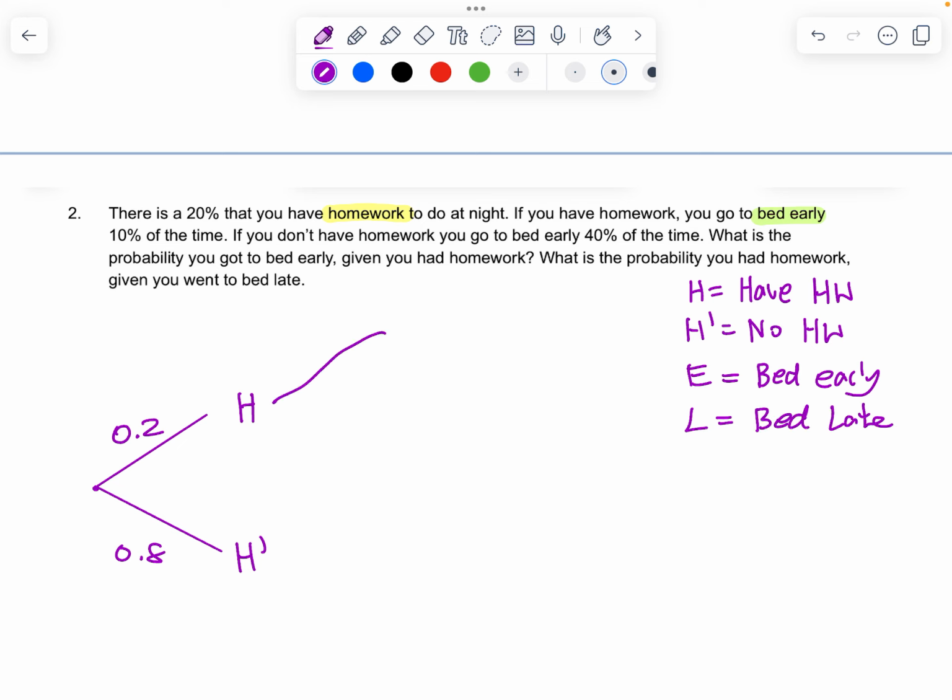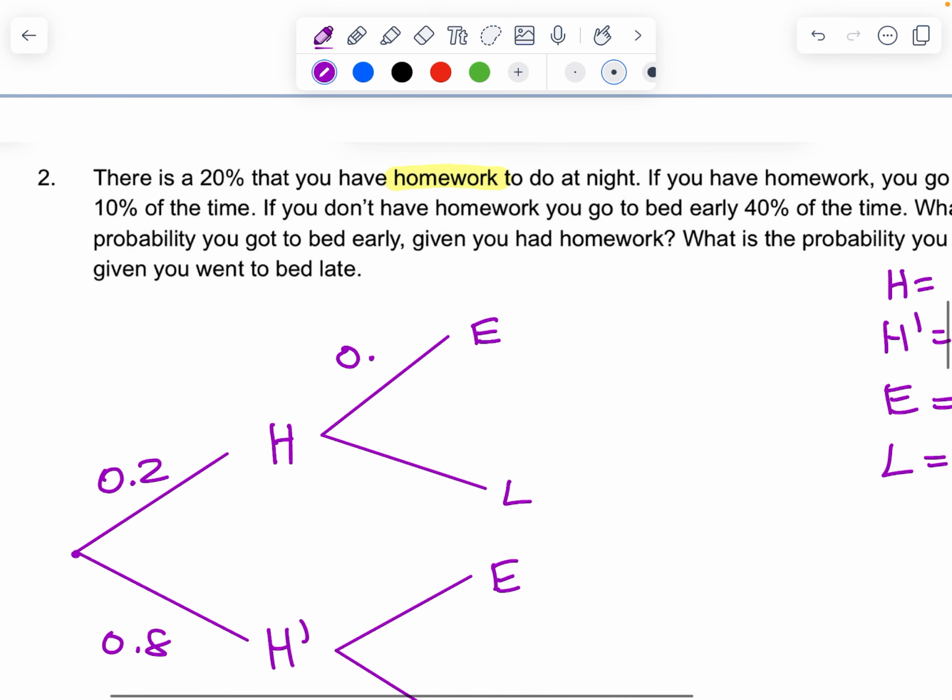When you have homework or not, it doesn't matter, you go to bed early or you don't. It says if you have homework, you go to bed early 10% of the time. So 0.1, and the opposite of that is 0.9.